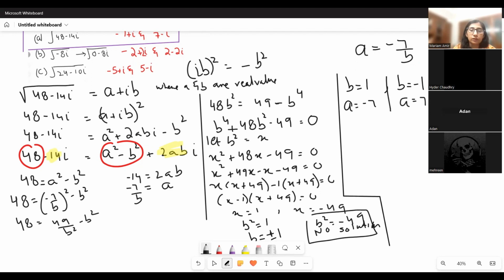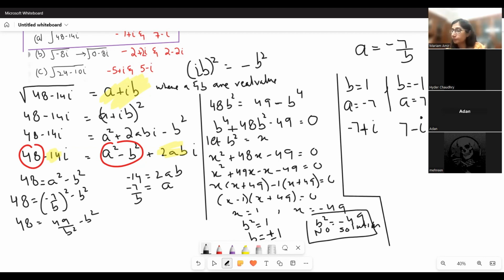So the complex numbers a plus iota b are minus 7 plus 1 iota, which is minus 7 plus iota, and 7 minus iota. And our answers are probably correct because when you take square root of a complex number, you get a positive answer and a negative answer. So if you multiply this with negative 1, you get that answer. All right, you must try the other two today and let me know if you face any problem.